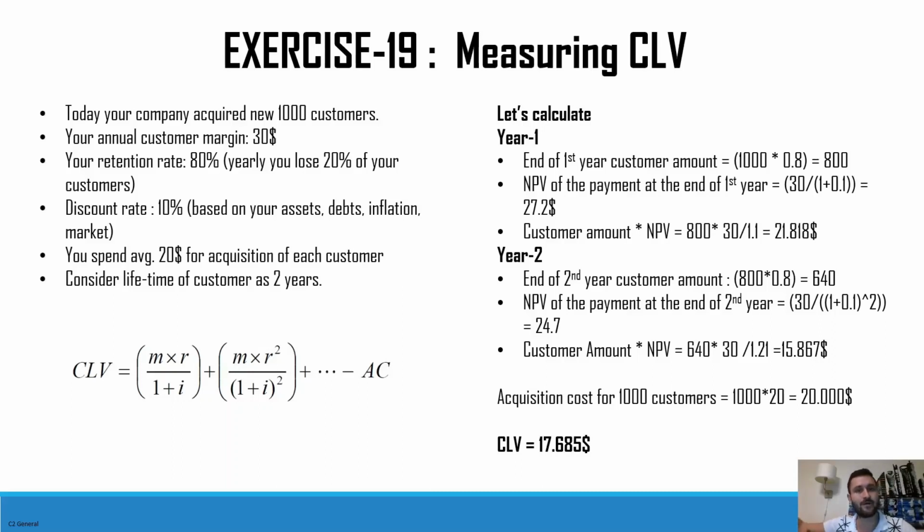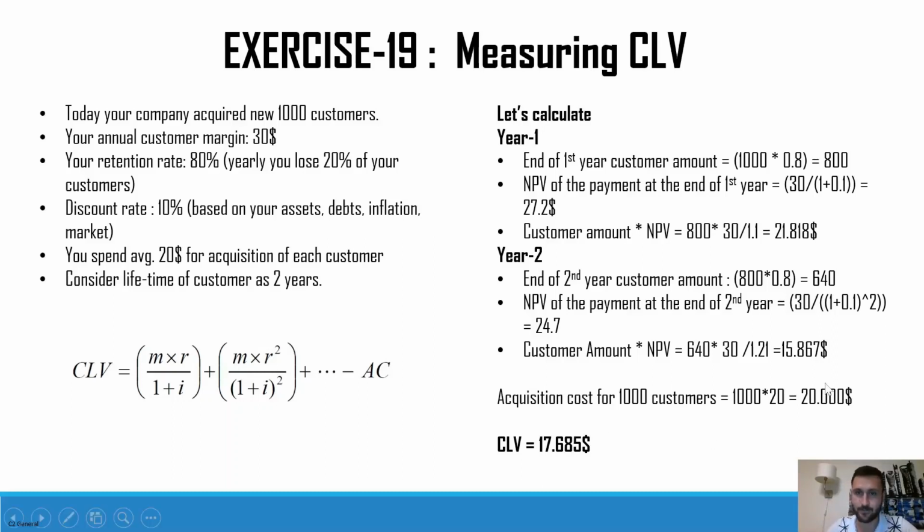So next year you will have 800, etc. The discount rate is estimated as 10% based on your assets, debts, inflation, and market. You spend an average of $20 per acquisition of each customer. And we ask you to consider the lifetime of the customer as 2 years.